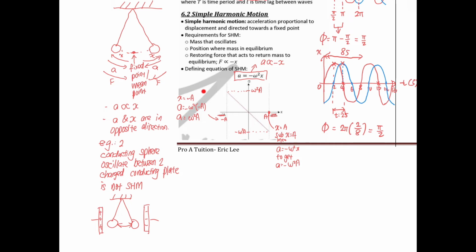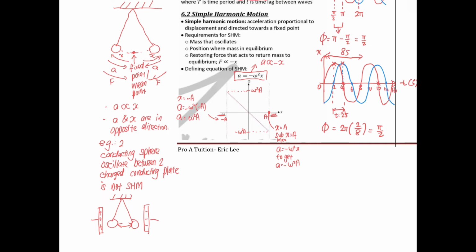So this maximum acceleration, as you can see here, the highest point, makes the force maximum as well. The force is acting this way, so the bob will not go any further. It will just stop here because the force is the maximum here to pull it back to the fixed point. So basically, it is like that.